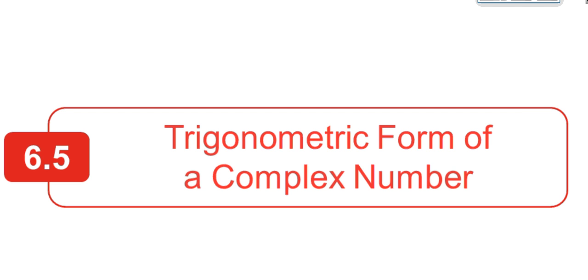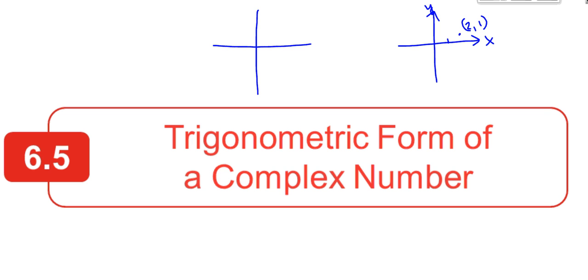Not in any class that I teach, but we're very familiar with the x and y axis, and we know that this point, we'll say it's 2 comma 1, means it has an x coordinate of 2 and a y coordinate of 1. Well, when we do the complex plane, we then have a real axis, an imaginary axis.